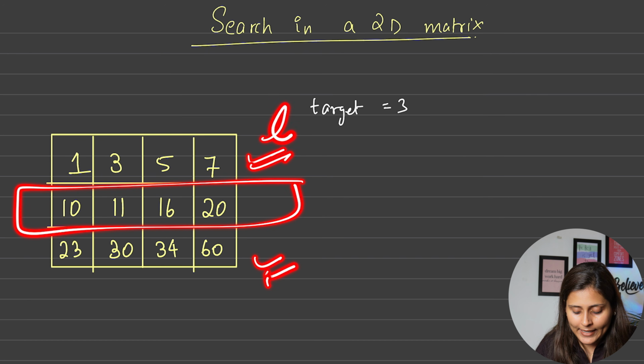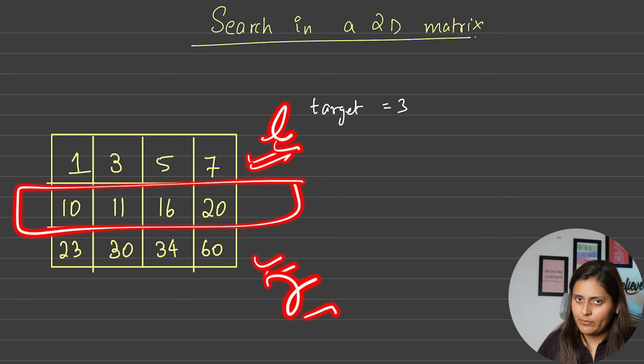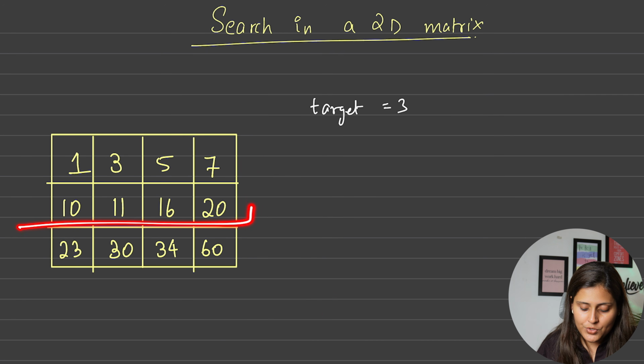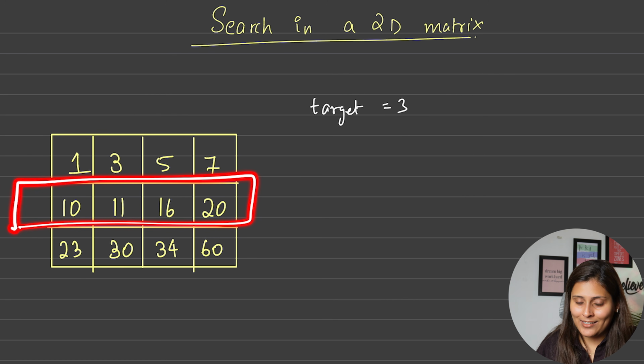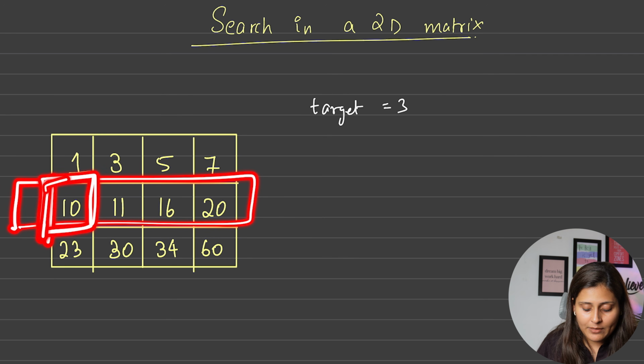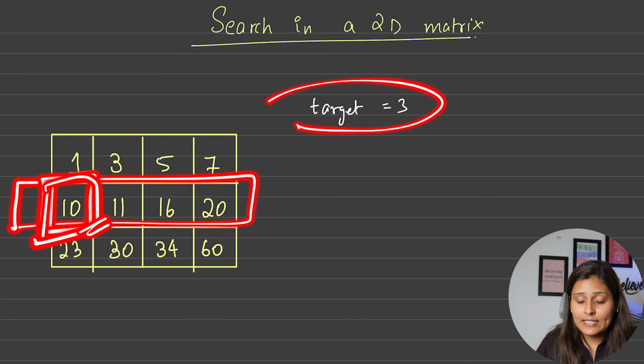Because left and right are at 0 and 2, mid will be 1. So we want to search, but not entirely. We want to compare the target with the first element of this mid row. And 10 will say yes, it is greater than me. So your answer will lie towards the upside.